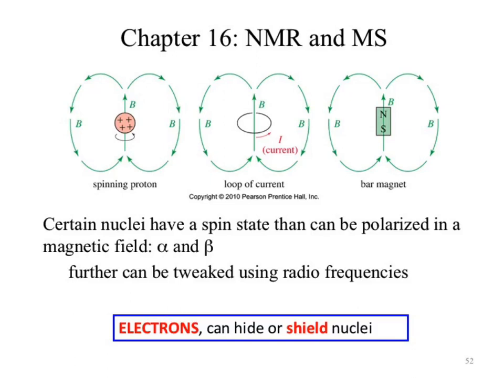The big thing that comes out of this is that electrons shield the nucleus. This is why we have effective nuclear charge and all that fun stuff that you did in Gen Chem. The same thing's happening here in NMR. Those external electrons can hide the nucleus from the magnet. If it hides the nucleus from the magnet, it's going to change the amount of time it takes to relax back to being in field.